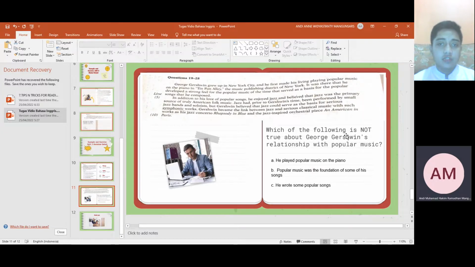Okay, this is an exercise about unstated detail. Which of the following is not true about George Gershwin's relationship with popular music? Okay, we look at the passage.